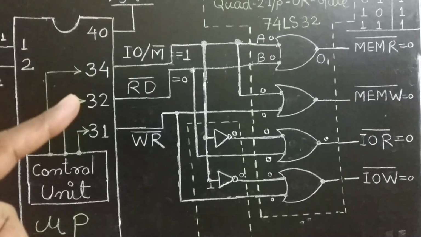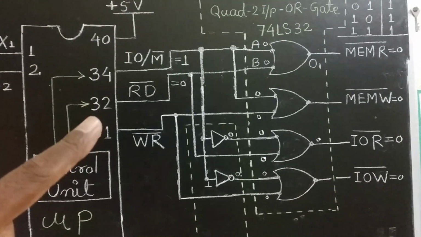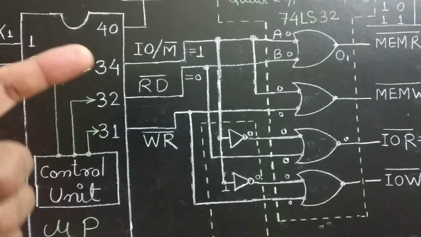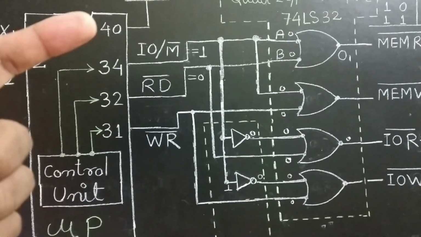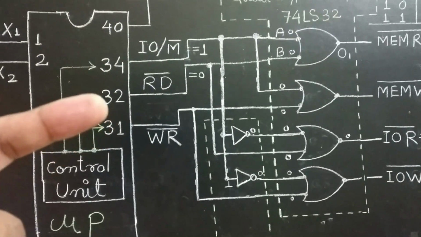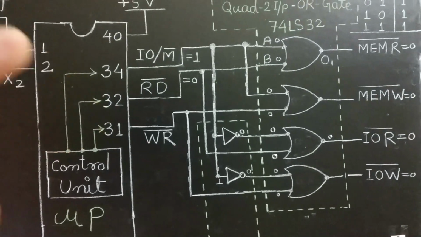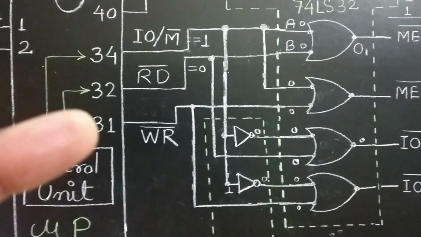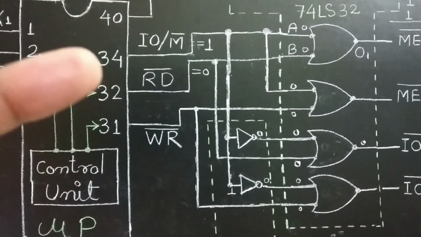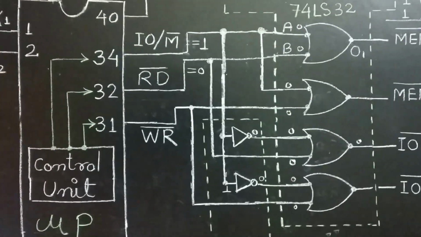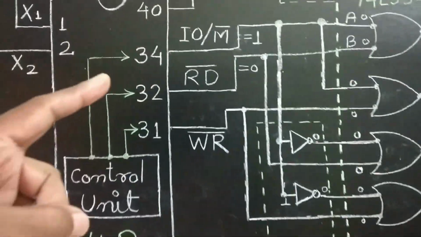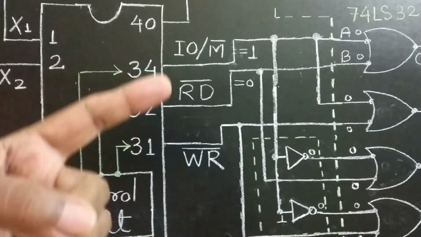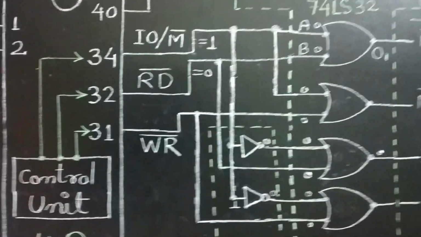And again I am giving you a note so that you can remember: 4 2 ka 1, 1 2 ka 4, 4 2 1, 1 2 4. You can also remember it by remembering one song in the film Ram Lakhan. By that also you can easily remember 4 2 ka 1, 1 2 ka 4, IO M bar, read bar, write bar.